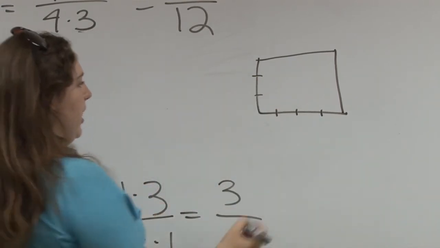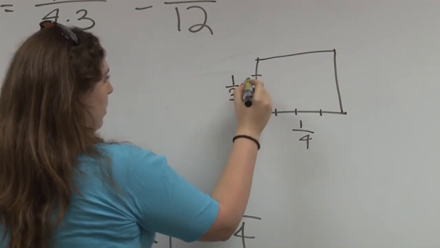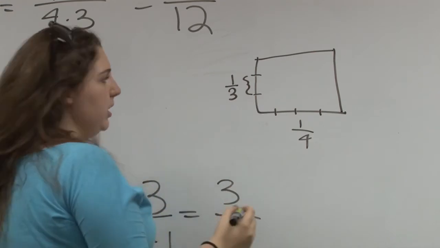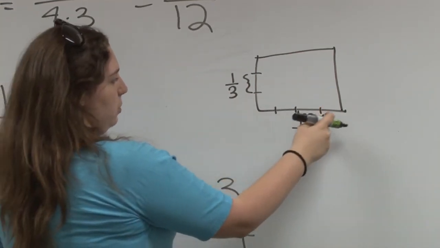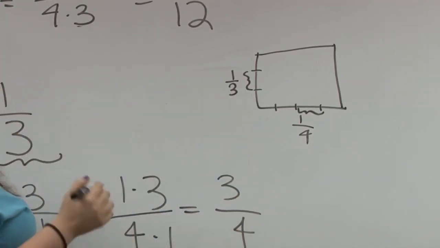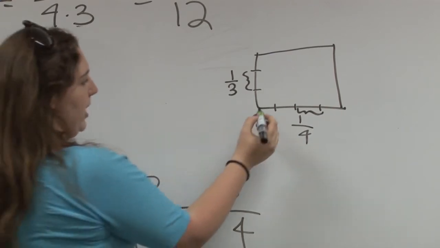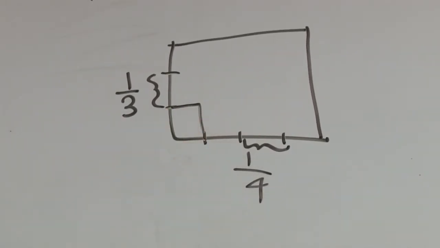So this would represent our 1/4 and our 1/3. Here's a 1/3 segment, here's a 1/4 segment. So each of these 1/4 will add up to give us our whole. Now, when we're saying we're multiplying these, we're saying we have this 1/4 of a segment 1/3 of a time.